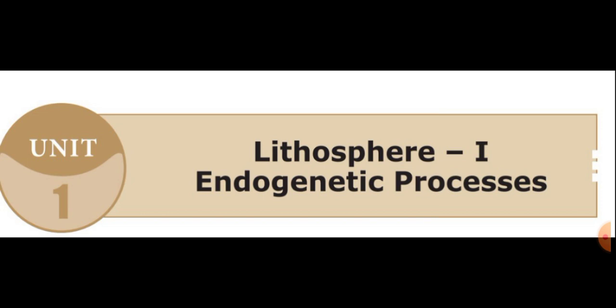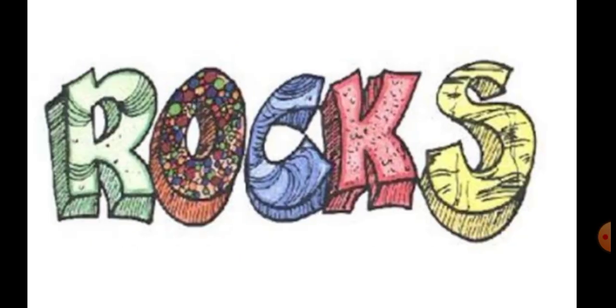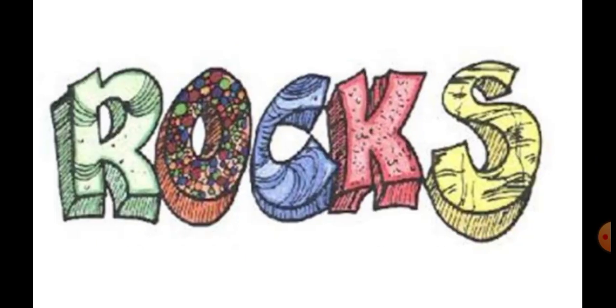Today we are going to learn about rocks. In the previous class we learned about the structure of the earth and the spheres of the earth. Today's class is about rocks. Okay, students, listen here. A rock is a natural substance composed of solid crystals of different minerals that have been fused together.